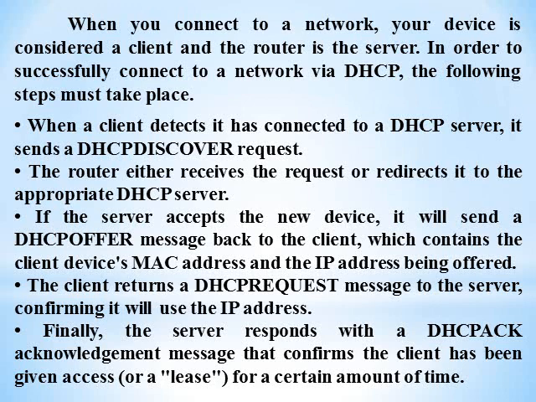And finally, the server responds with a DHCP ACK, that is acknowledgement message, that confirms the client has been given access for a certain amount of time. So these are the 5 steps which must be taken into account while setting up the connection through a DHCP server.